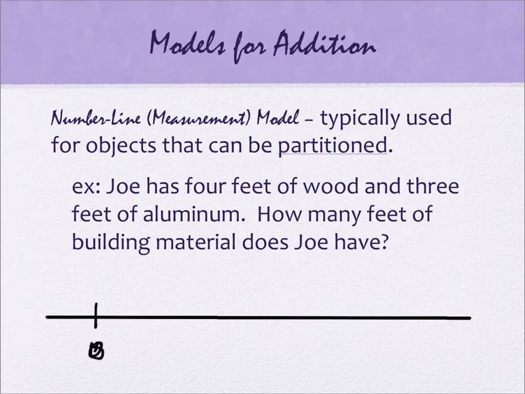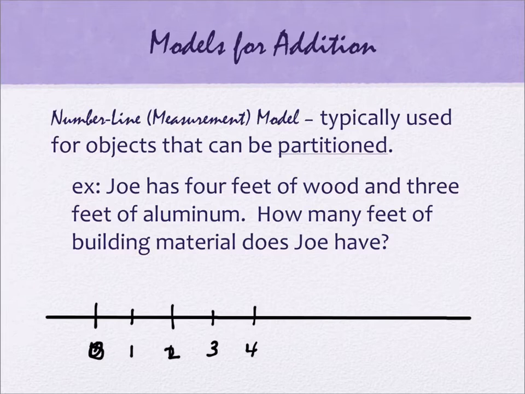I'm going to measure off 1 foot at a time. 1, 2, 3. And it says, oh, he had 4. I don't have enough space. Let me actually change my numbers real quick. I'll do this as 1, 2, 3, 4. So he has 4 feet of wood, and then 3 feet of aluminum.